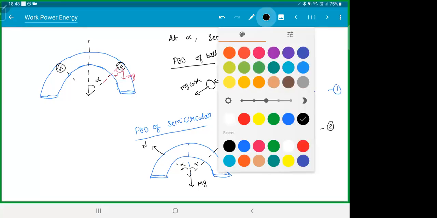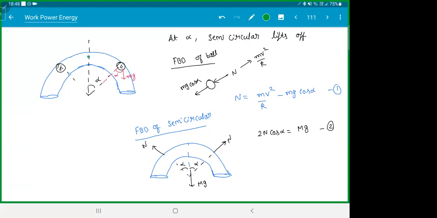And second thing, we can conserve energy also. So from here to here, this height will be r into 1 minus cos alpha. So loss in PE is equal to gain in kinetic energy.